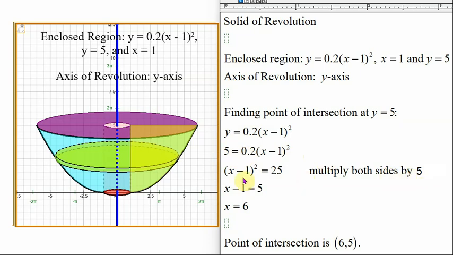We get (x minus 1) squared equal to 25, and then take the square root of both sides. We get x minus 1 equal to 5, or x equal to 6. So at this point right here, x is 6, y is 5. And so this bowl ranges in y values from 0 at the origin right here up to 5.